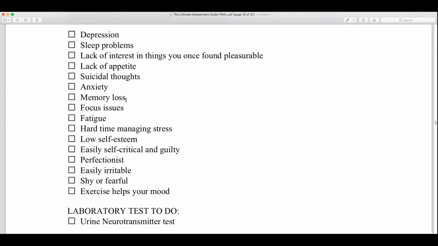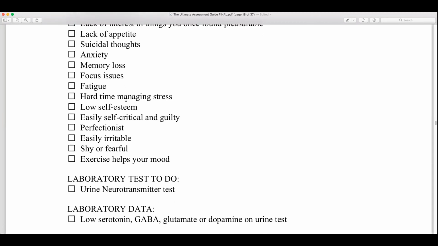Memory loss, focus issues, fatigue, and hard time managing stress, that can be more dopamine. Low self-esteem, easily self-critical and guilty, perfectionist, easily irritable, shy or fearful, exercise helps your mood. A lot of those are serotonin as well. They can also be norepinephrine or epinephrine.